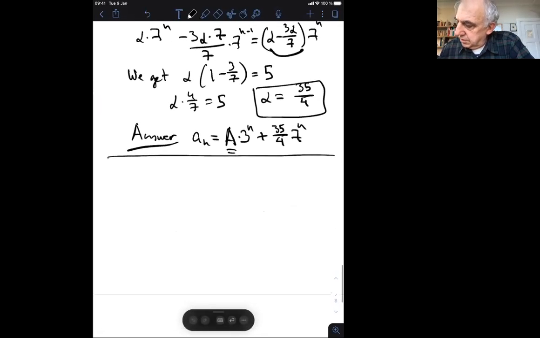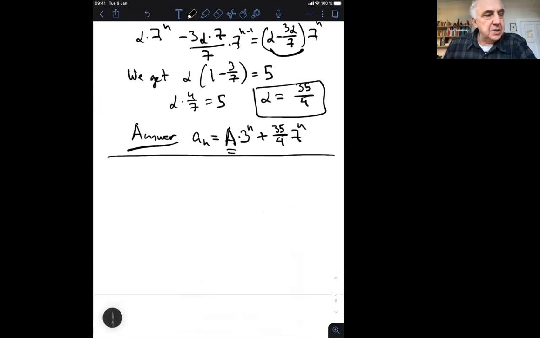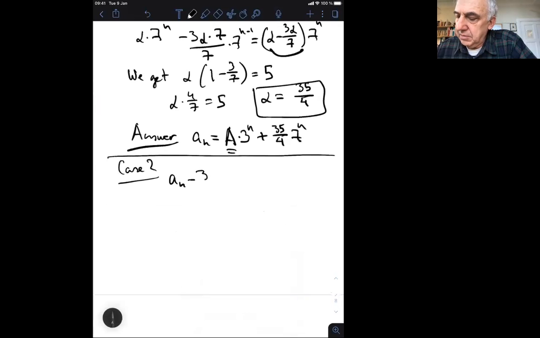The second situation, okay, is case 2, let's assume that instead of 7 we have 3 power n on the right-hand side. We have the same left-hand side, a n minus 3 a n minus 1, but now on the right-hand side we have 5 times 3 power n instead of 7.